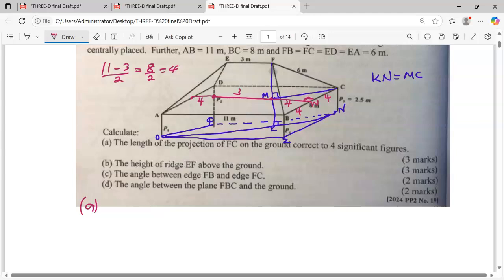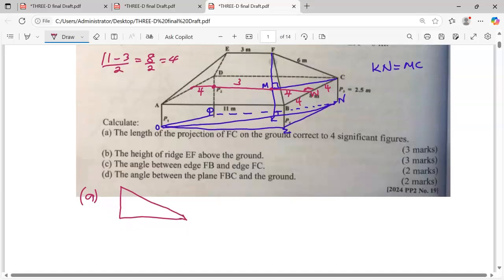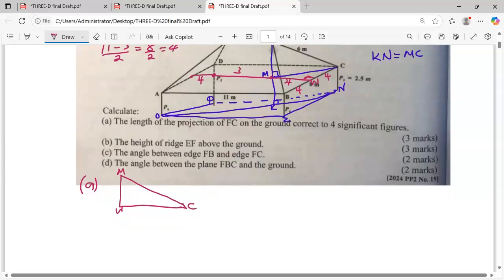And therefore now, we are going to have a triangle that looks like this. This is a point W at this point. We have a point M. We also have a point C at this point.